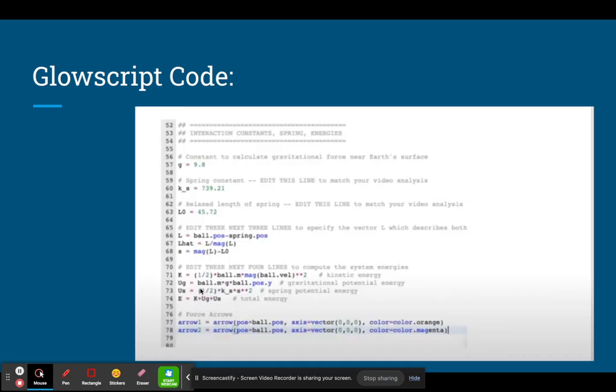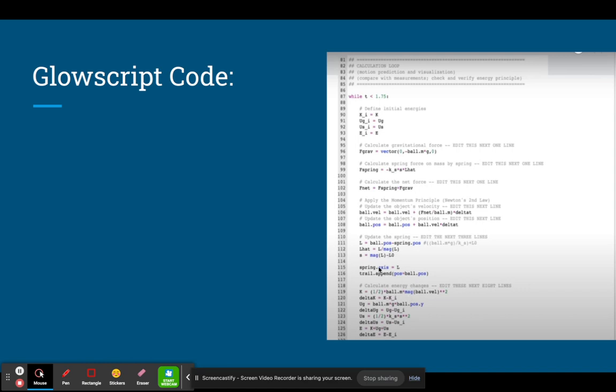This is more GlowScript code giving the initial potential energy, where the total energy is equal to, and the K for kinetic energy. This is our formula for L and L hat. We also have to consider that gravity is involved when we're doing the rope swing.